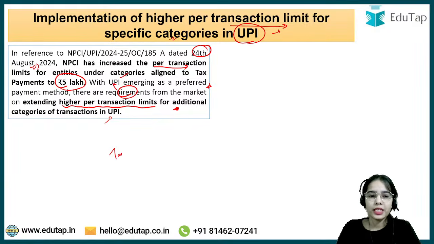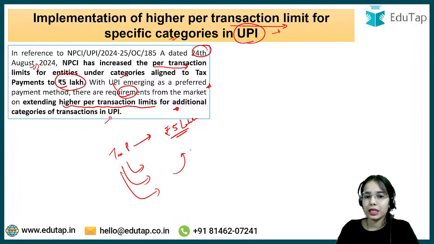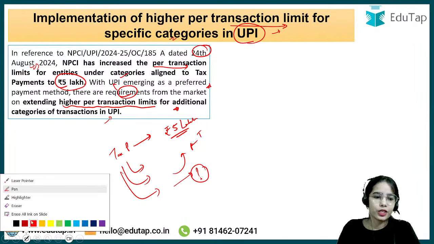For tax payments, the per transaction limit was increased to 5 lakh rupees. Now it is said that for other categories also, for insurance, for capital market also, the per transaction limit should be increased. And that has been done, so we are going to see for which categories the limit has been increased and how. So let's discuss that.